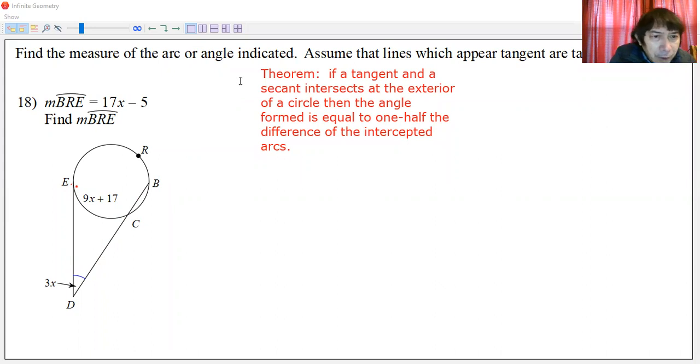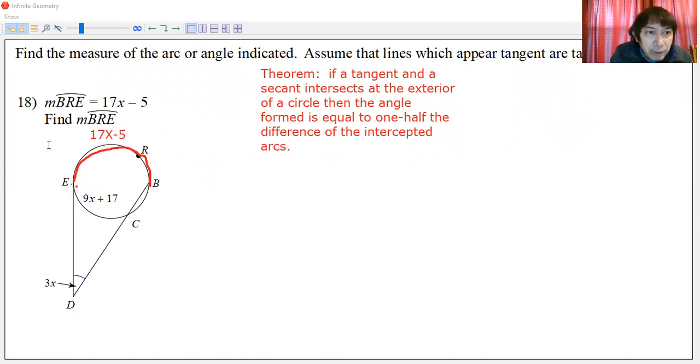Okay, so how about the arcs, and which one is the requirement? Find the measure of arc BRE. Okay, BRE. So where is BRE? Oh, it's the larger arc. We're asked to get the larger arc, BRE. And so this larger arc is actually equivalent to 17x minus 5.